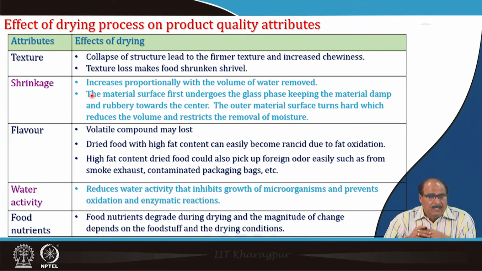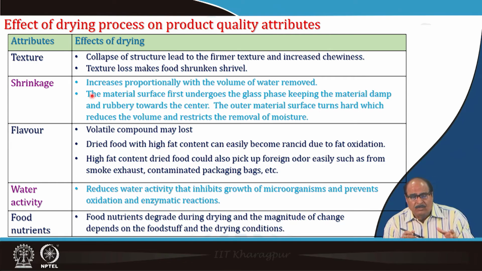Similarly, among product quality attributes, in texture, collapse of structure will lead to a firmer texture and increased chewiness. Texture loss makes the product shrunken and shriveled. There may be shrinkage, which increases in proportion to the volume of water removed. The material surface first undergoes a glass phase, keeping the material damp and rubbery towards the center.